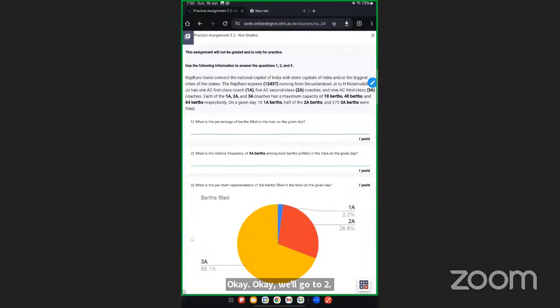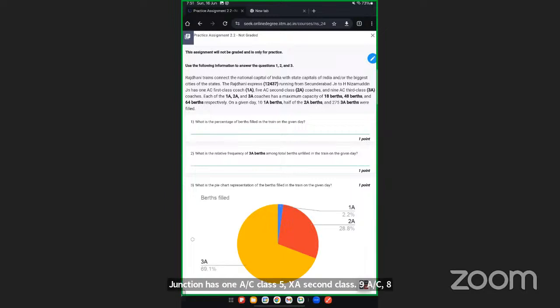Cars and trains connect the national capital of India with state capitals and all the biggest cities. The train from Sikandrabad junction to Nizamuddin junction has 1 AC class, 5 AC second class, 9 AC third class coaches, each with a maximum capacity of 18, 48 and 64 berths respectively.